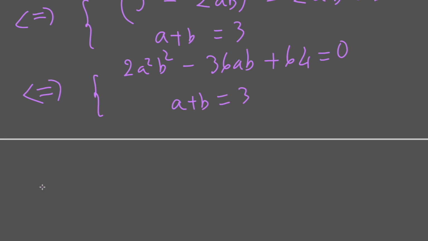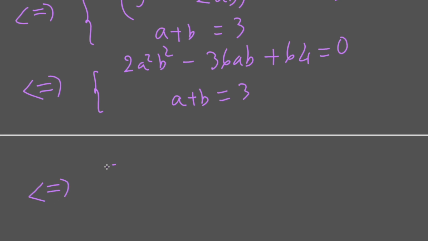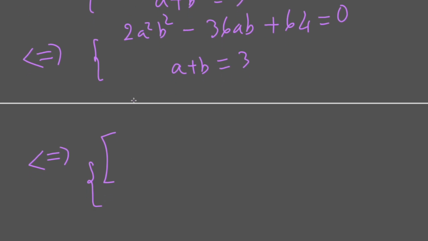And from this, you will see the value of ap is ap equal to 16 or ap equal to 2. We have the product of the two numbers, and we also have the sum of the two numbers.